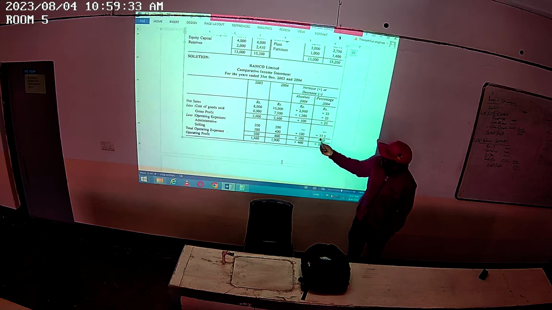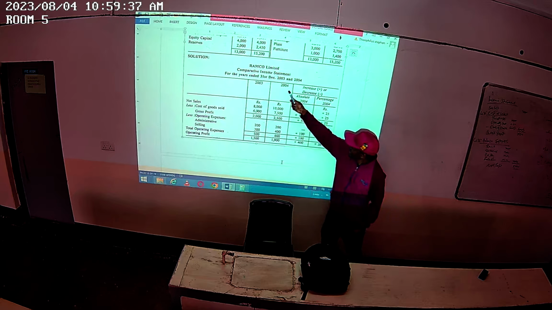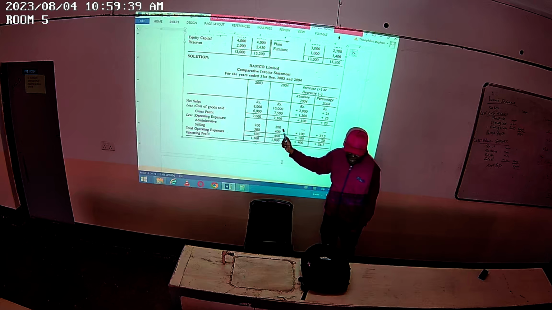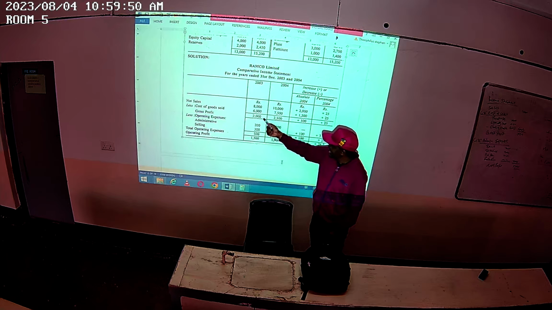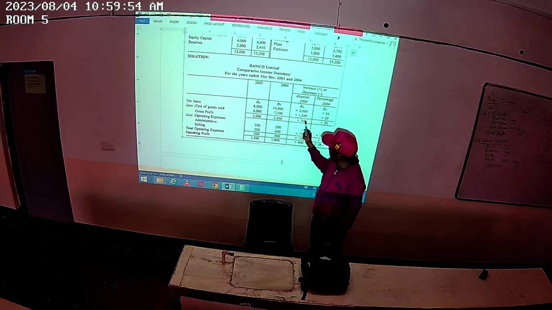When we're doing this analysis for 2004, we're comparing 2004 to the previous year. So our gross profit previously was 2,000. And the question is, by what percentage has it increased? So you need to compare this increment to the original one. It will be this divided by this.